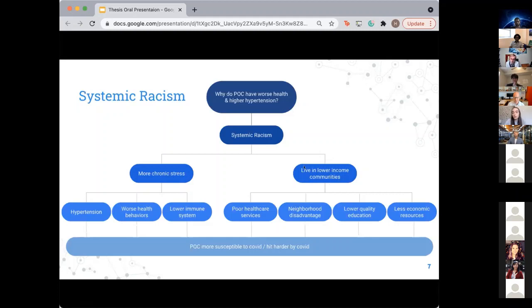In general, lower income communities have poor healthcare services and fewer resources in the healthcare industry. For example, my research advisor just did a study in New York about how low income communities have fewer hospital beds for COVID-19 patients, even though they have way more COVID cases. And so these fewer healthcare services lead to more people dying of COVID-19 and it hitting that population harder.